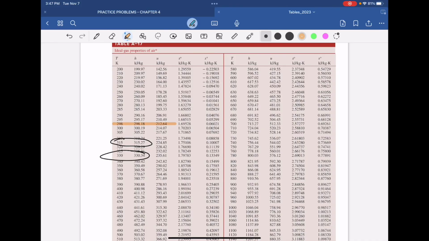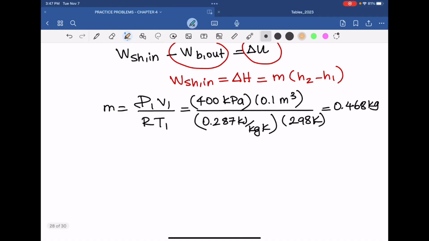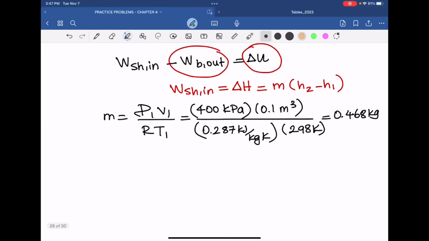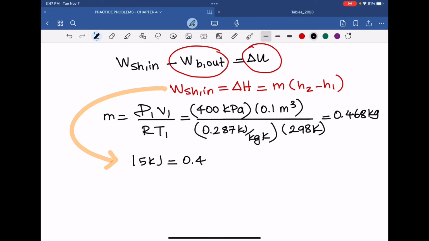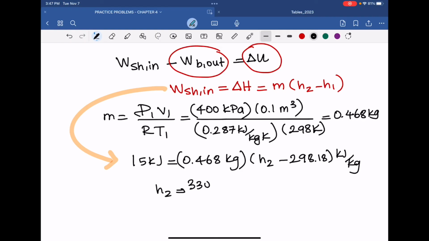Okay, so we read that value, and from this equation we're going to calculate the second state enthalpy. This is 15 kilojoules getting in, changing the enthalpy. And you find H2 to be this.